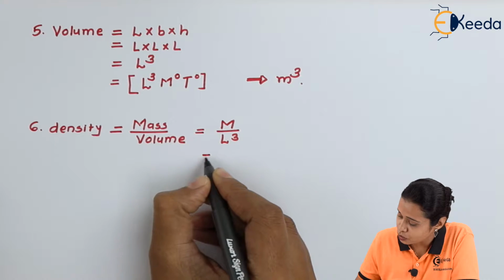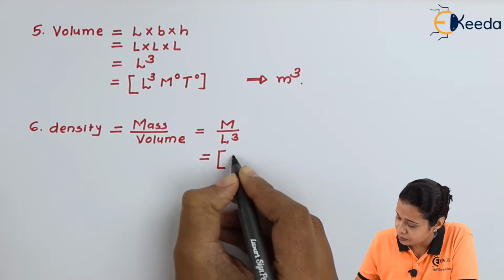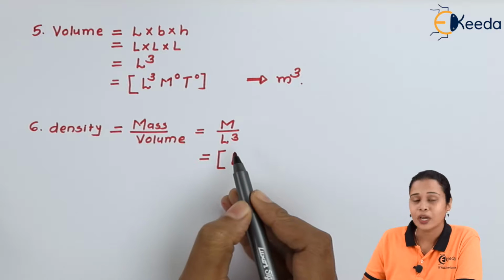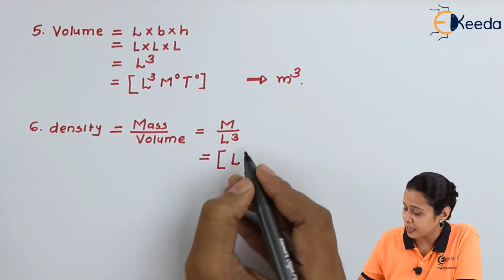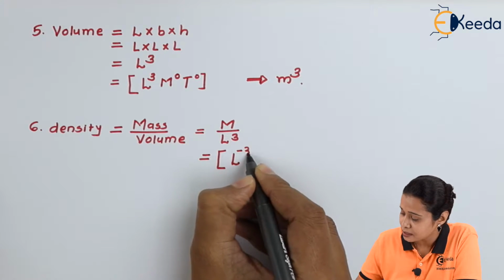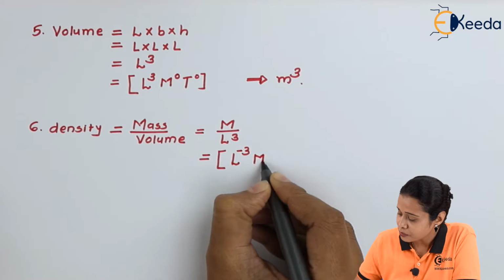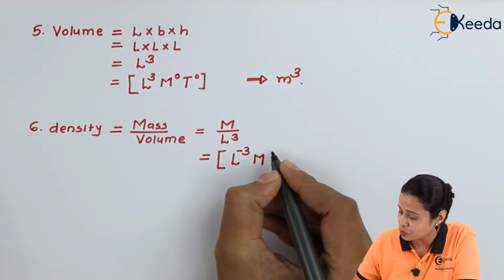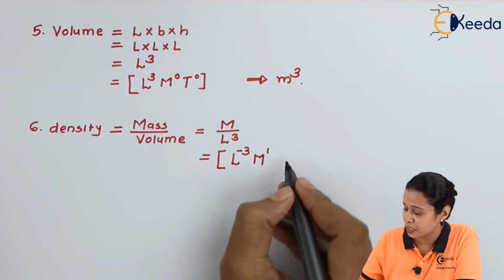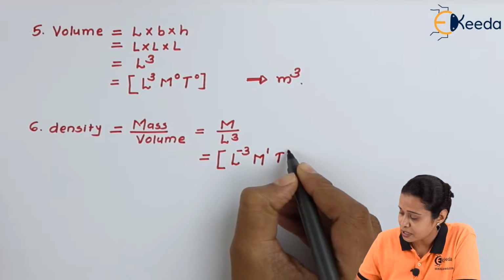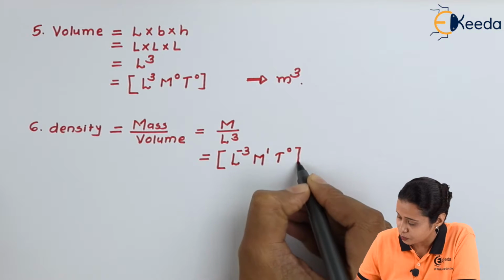Hence dimension of density is L, but now L is in the denominator, so we'll write down here raised to the power minus 3. The mass quantity is present there, so power of M is 1. But T is absent, time is absent, so we'll write down 0.